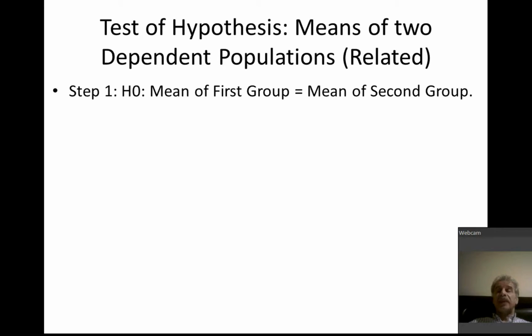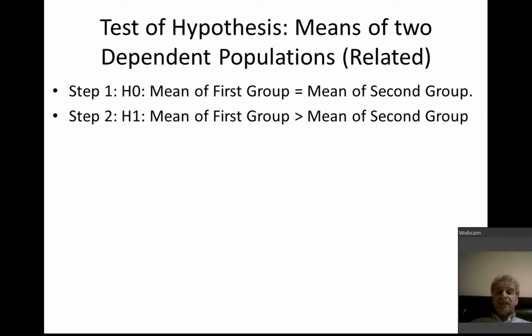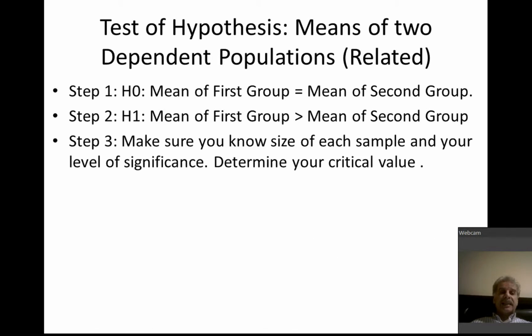Under the alternative, I have the mean of the first group is more than the mean of the second group, and that's obviously a one-tail test. Then in step three, I make sure I know the sample size for each. Each of them is 7. But remember, this is a paired observation, so I should know about degrees of freedom here. It's 7 minus 1, which is 6. And I also know about the level of significance by reading the problem.